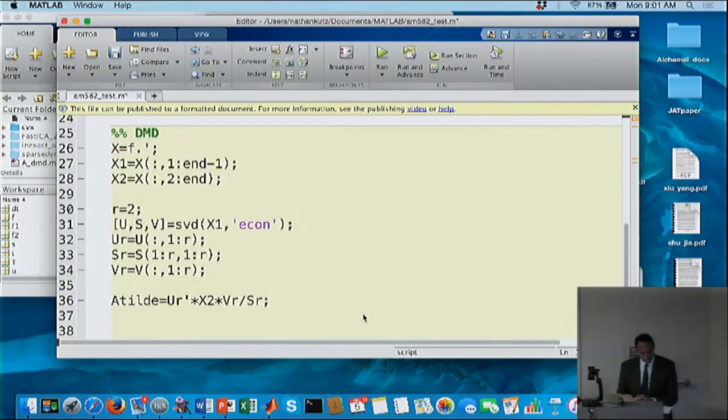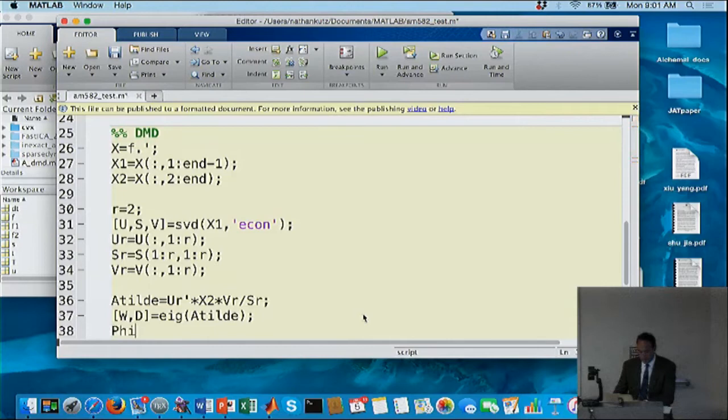Let me make sure I got it right. Yep, okay. Once I have that, then you just do an eigendecomposition of that matrix. That's going to give you your eigenfunctions and eigenvalues.